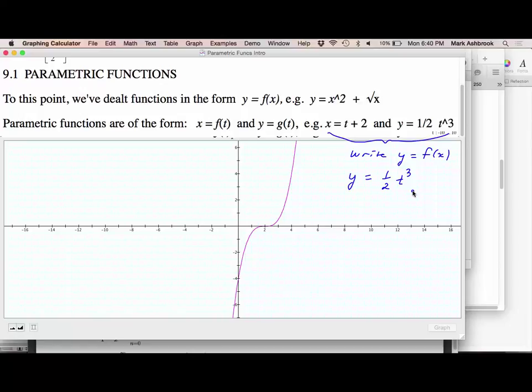So you're so smart. Okay, so t equals what? x minus 2. So if t equals x minus 2, then y equals 1/2 (x minus 2) cubed.